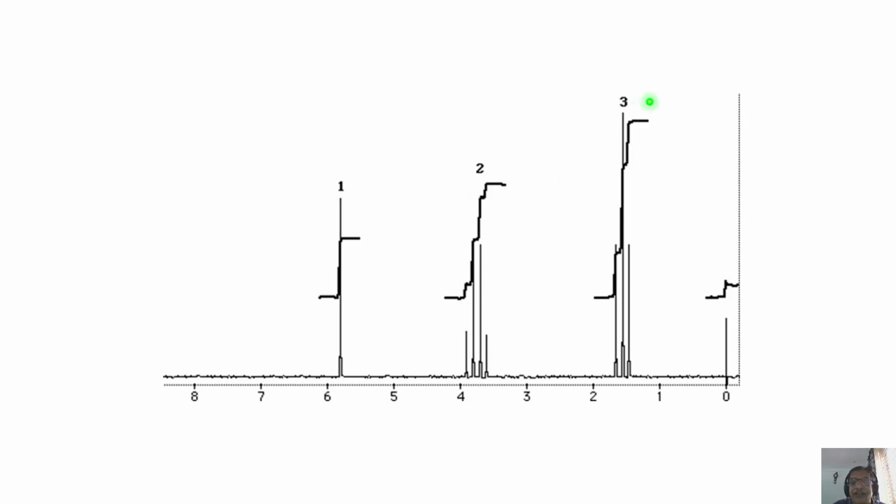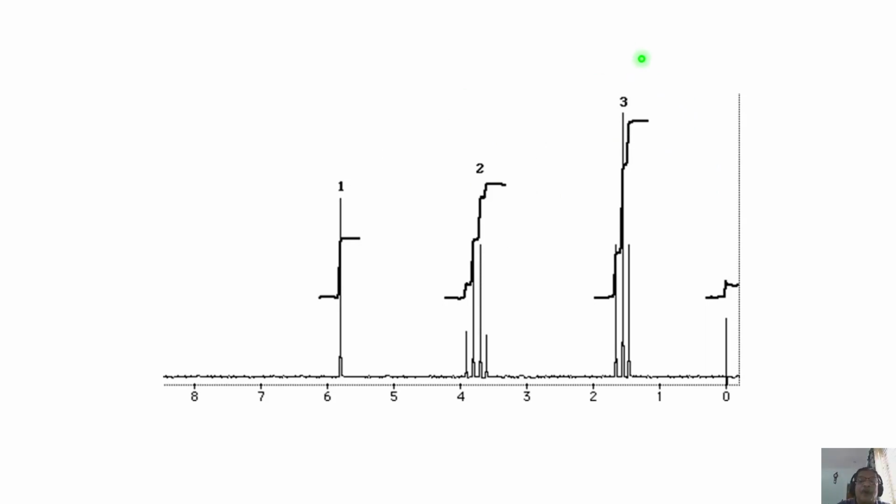The integral intensity values are 1, 2 and 3. This also tells me the number of protons present in this group is 1, in this group is 2, and in this group is 3. Am I right? It is true. But I am not telling it is the absolute number.